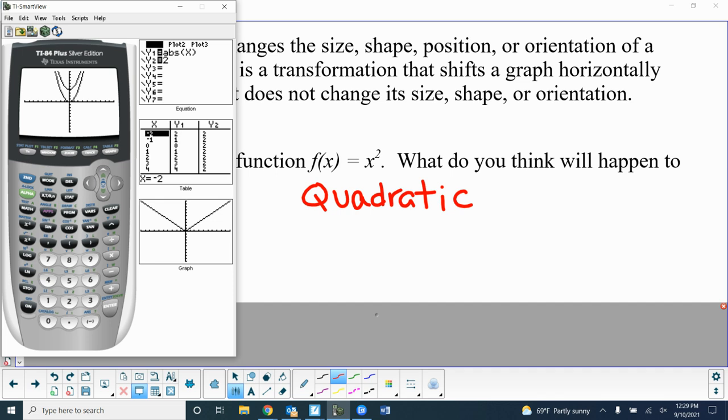Okay, so let's try something. So it gave the red one, and then it won't do them both at the same time. I'll have to figure out why. Okay. Well, Google it or something.